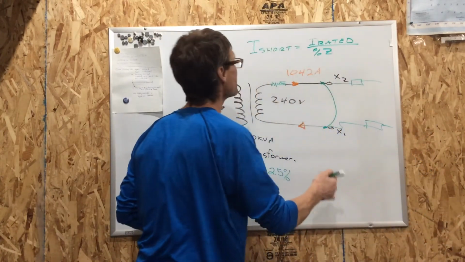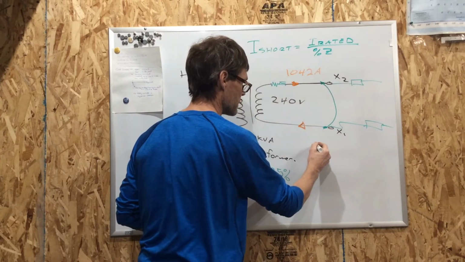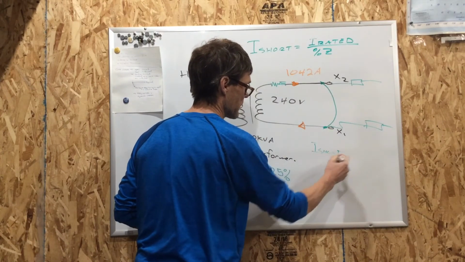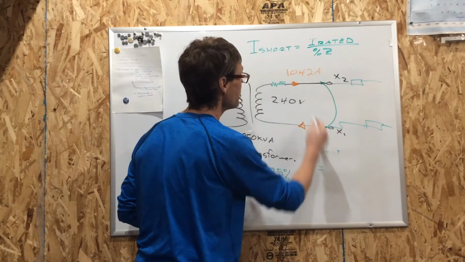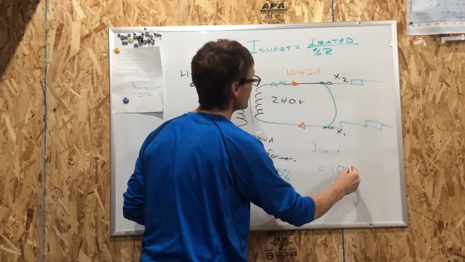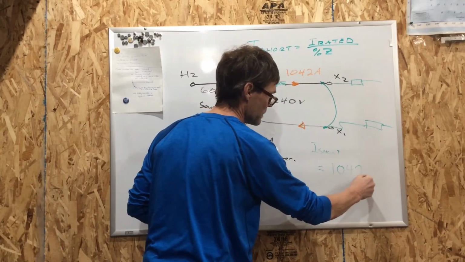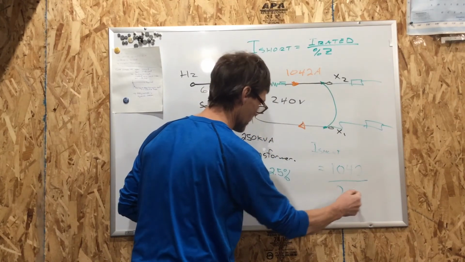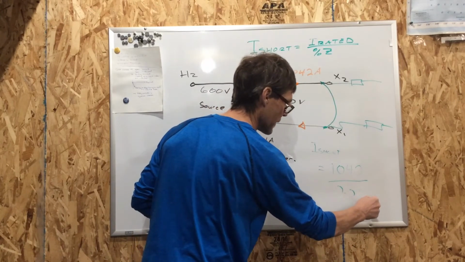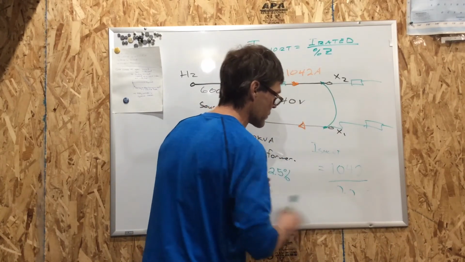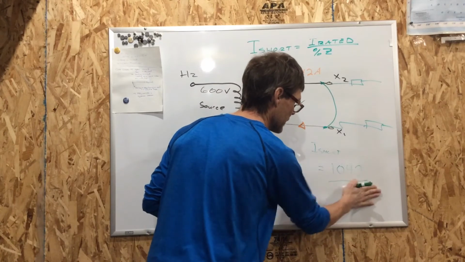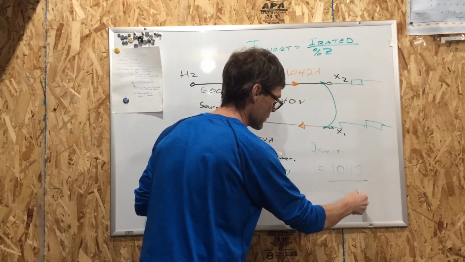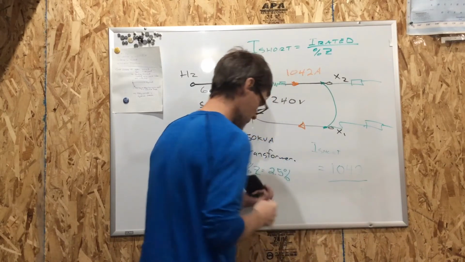Try to make it quick. So our I short is going to be equal to 1042 divided by 0.025, which you can't see because my board's wet here. 0.025.